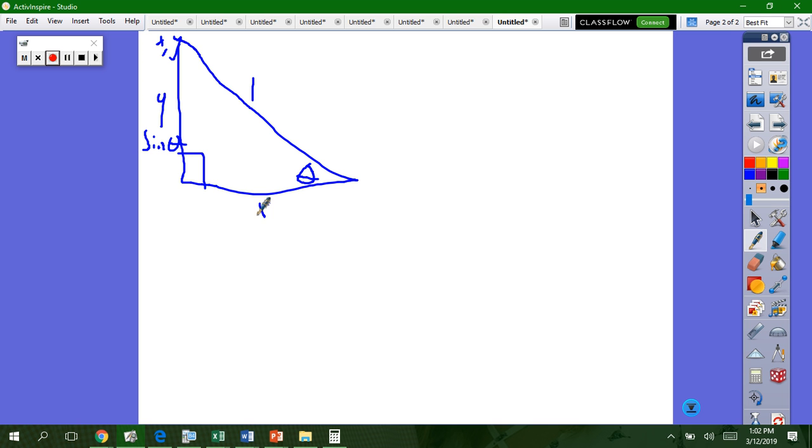What do we know about the x value here? It's cosine. And because this is a right triangle, what do we know? Sine squared plus cosine squared, because of the Pythagorean theorem, equals 1. How many of you guys remember that identity now that you've seen it?